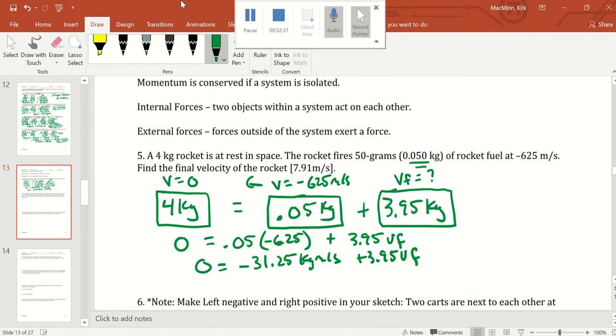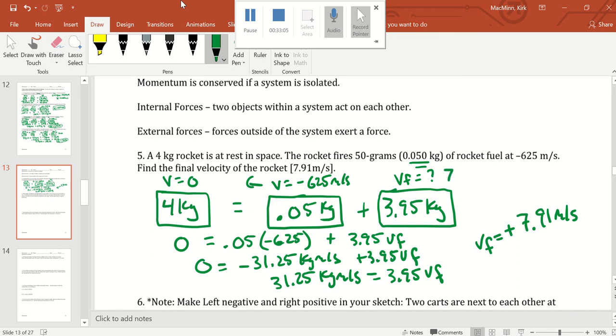So add 31.25 to both sides. 31.25 kilogram meters per second equals 3.95 VF. In order to find that final velocity of the rocket after we've gotten rid of the gas, you have to do 31.25 divided by 3.95, and that gives us a final velocity of positive 7.91 meters per second.